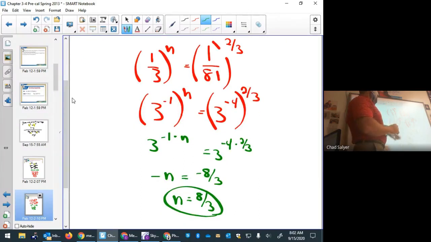This step right here, the second step, is the one that's going to challenge most of you. Because you have to know some things about exponentials, know some common powers of all the lower values.